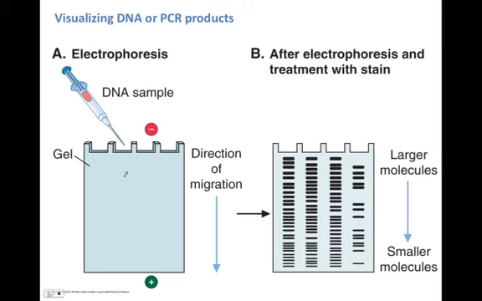Small molecules will migrate further in the gel than larger molecules. DNA is separated by both charge and molecular weight. If we stain the gel after the addition of our sample, in this case, you can see multiple bands that are separated based on molecular weight.